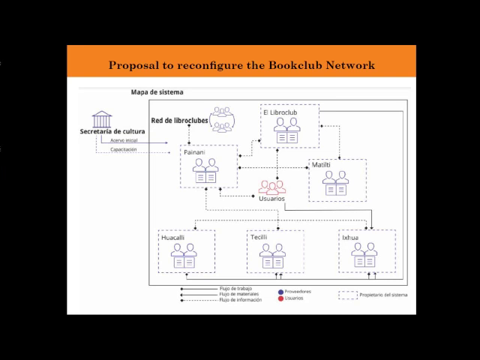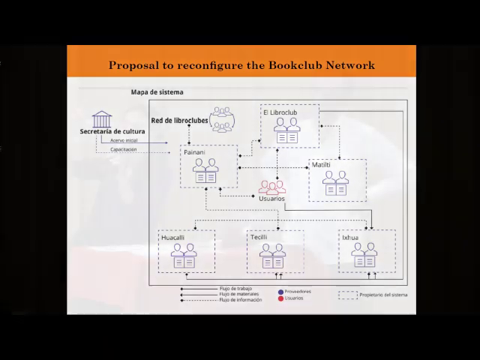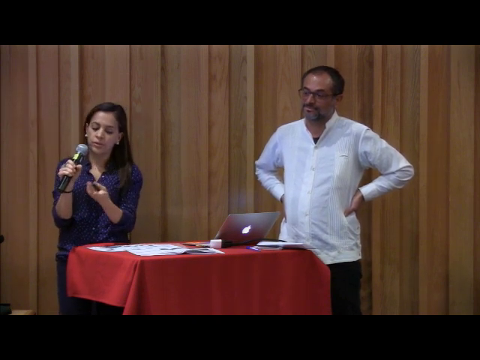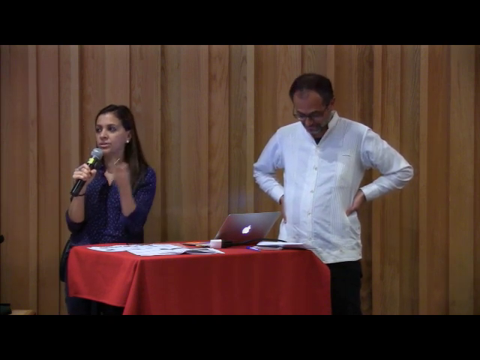For example, in this case, we had in the past some support from the government through the Ministry of Culture, and this way the students decided to put this ministry outside because it was not completely involved in the system, but we could also see where the users were, according to the solutions the students gave.